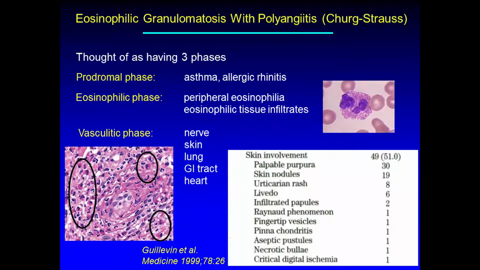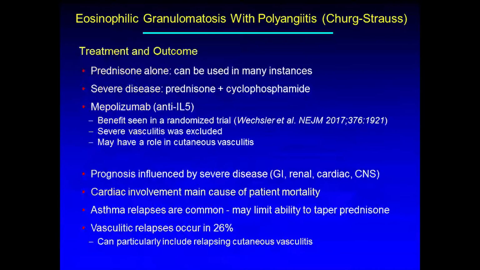The skin is a very predominant site of involvement, and we can see here on this biopsy a lot of eosinophilic staining. And in this series from France, published in 1999, we can see that skin involvement occurred in 51%, with a diversity of clinical manifestations from purpura, nodules, livedo, and ulcerations, which can occur.